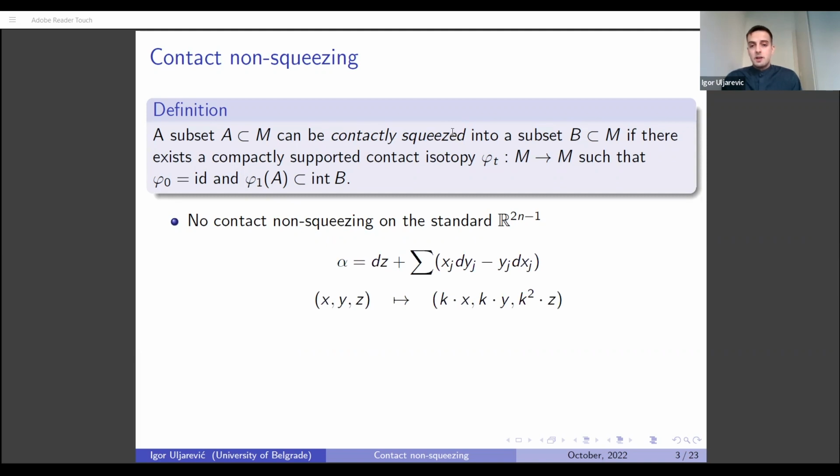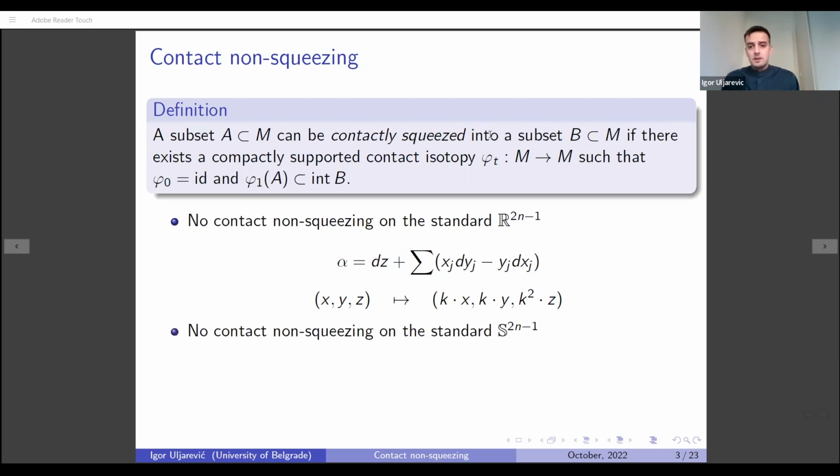Of course, this family is not compactly supported, but we can consider its contact Hamiltonian and cut off as far out as we need. So we can make any given contact isotopy, including this one, compactly supported, and preserve anything we like in a compact subset.